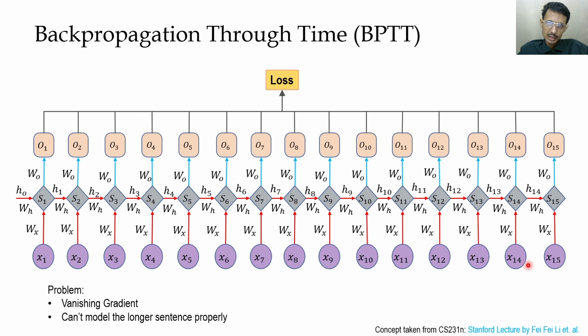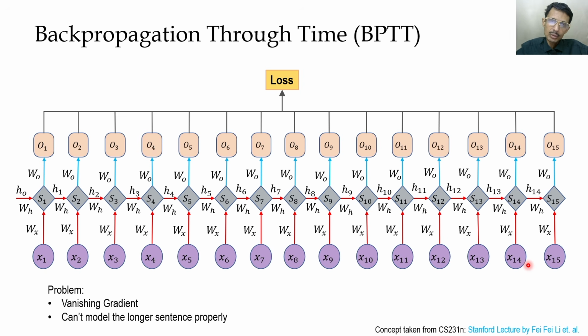One major problem, as we understood before, is vanishing gradient, which we'll see later how to handle. Another problem is that they can't model longer sentences properly. We'll come to this long-term dependency issue, or long-distance word dependency issue, in detail.